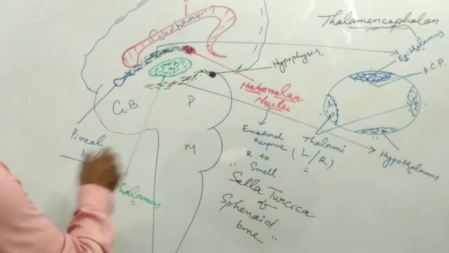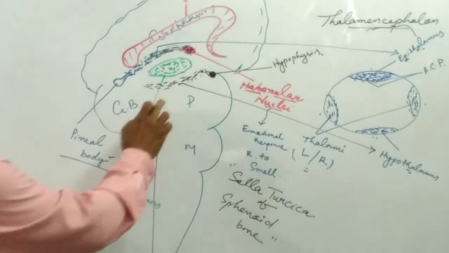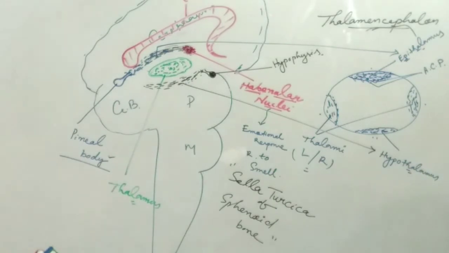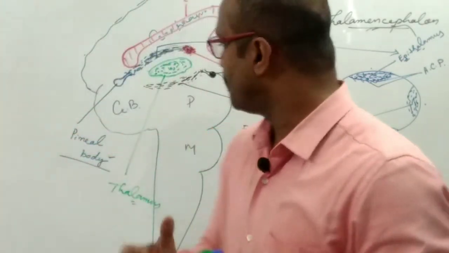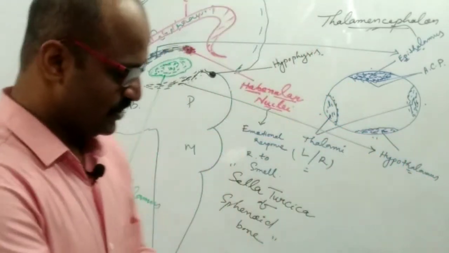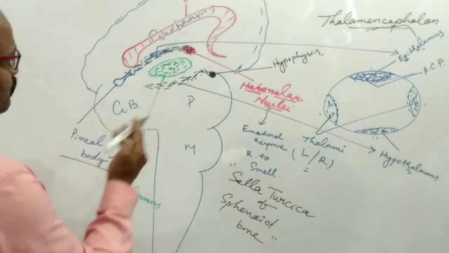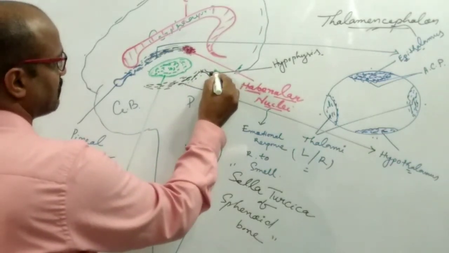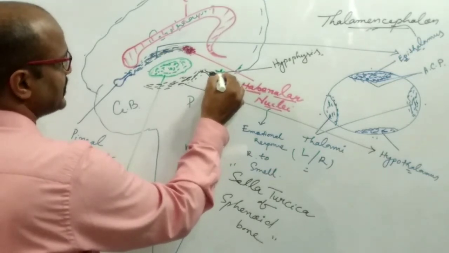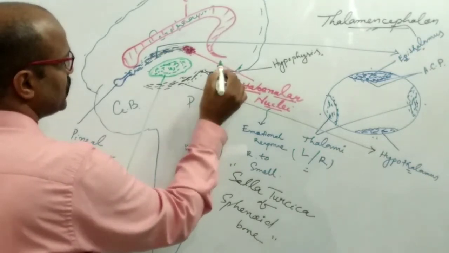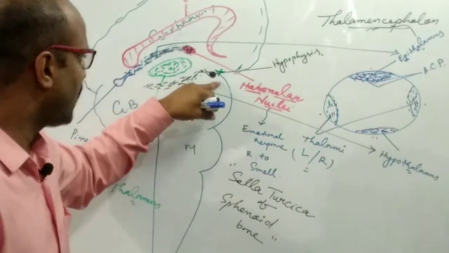So this is the hypothalamus, which also contains different parts like the mammillary body and the optic chiasma. This is the position of the optic chiasma, where the nerve arising from the right eye crosses over the nerve arising from the left eye.